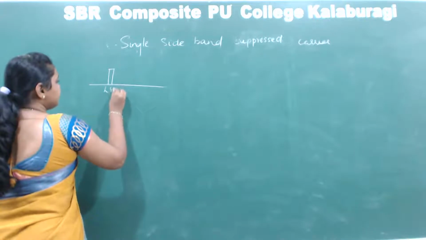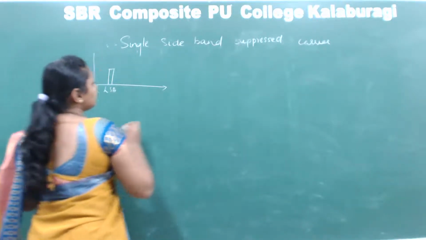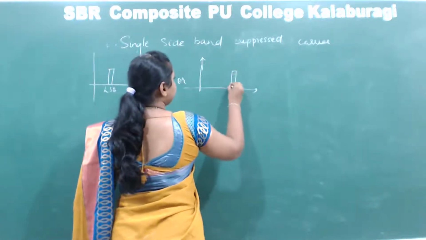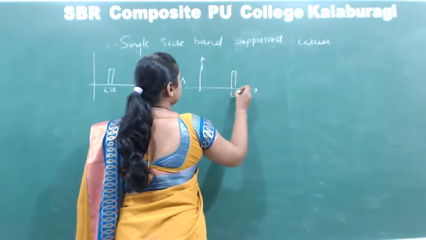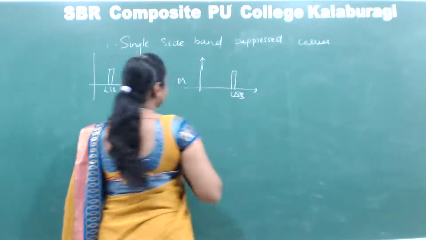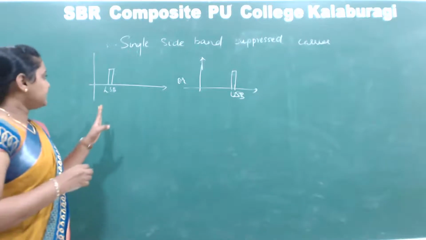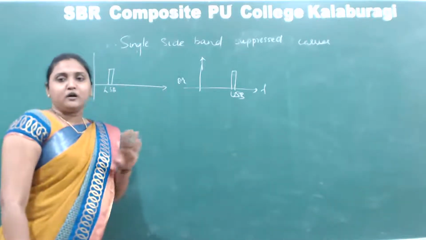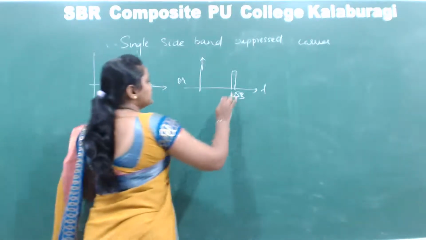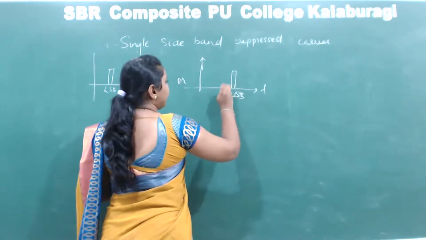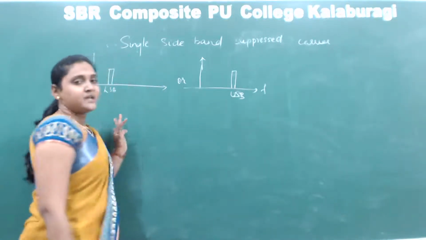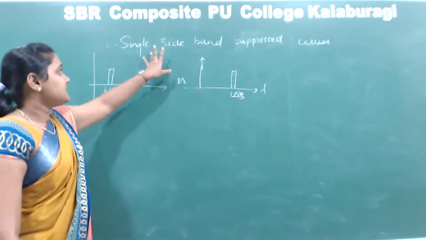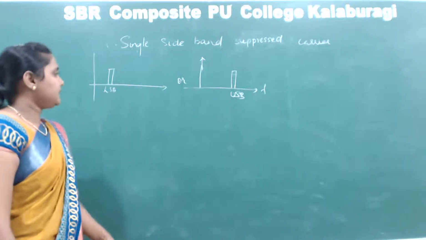Only the lower sideband is transmitted, or only the upper sideband will be transmitted. Of course, no carrier will be transmitted. Out of the two sidebands, one will be transmitted. Such a system is called SSB-SC, single sideband suppressed carrier.